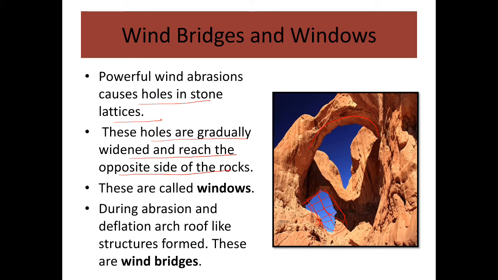These are called wind bridges, because they are in the shape of a bridge and are on the top of that surface. Whereas windows form in the stone structure, because one end is eroded and reaches the other end.